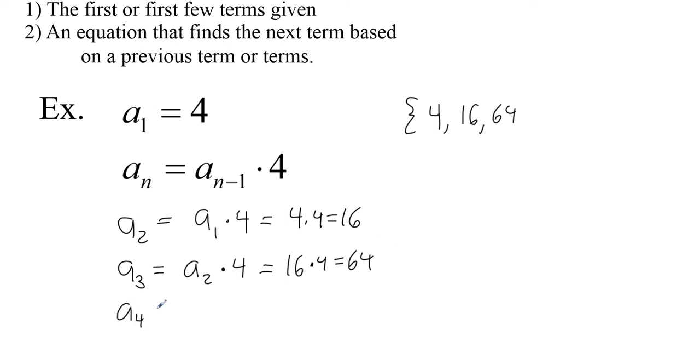A sub 4, well, 4 is our n. A sub n minus 1, so that's going to be a sub 3. We multiply that by 4. And so we know what a sub 3 is. We just calculated it. It's 64. We multiply that by 4, and we're going to get 256.